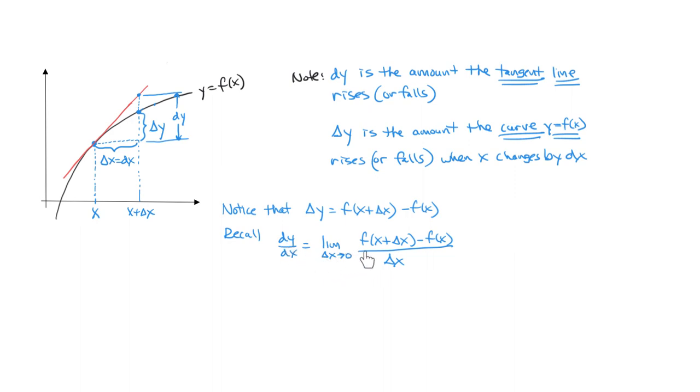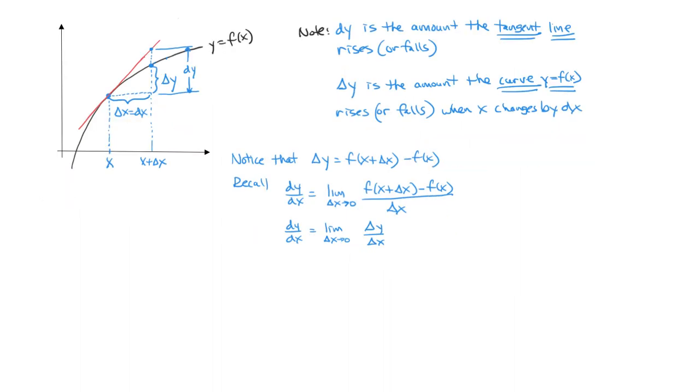So dy dx was this. Okay, so that means because delta y is this, then we could go from this limit definition of dy dx, and since this equals delta y, we have this. So when delta x is small, because we know that dy dx is the limiting value of this as delta x approaches 0, we could say this.